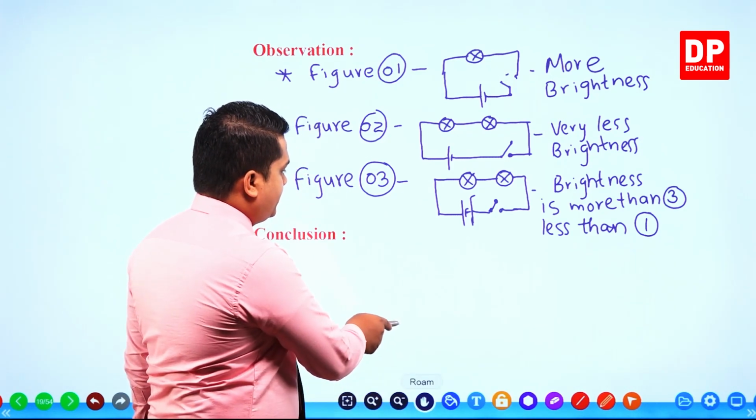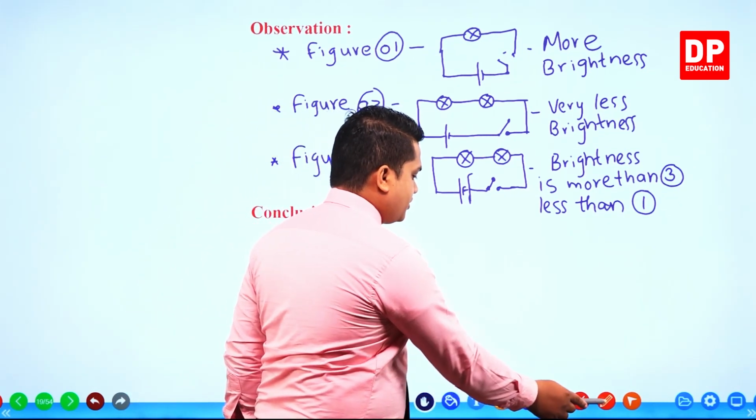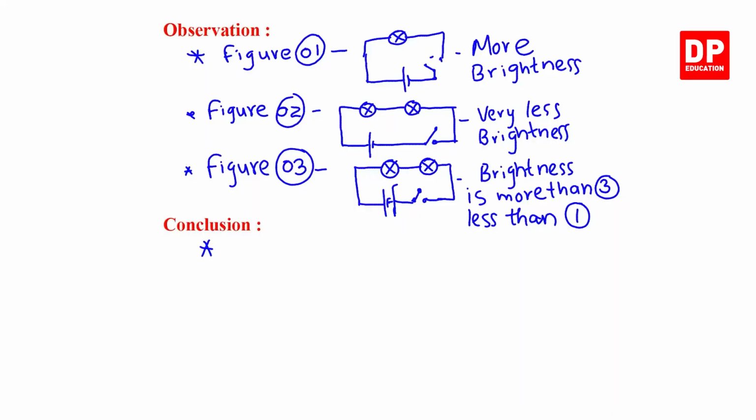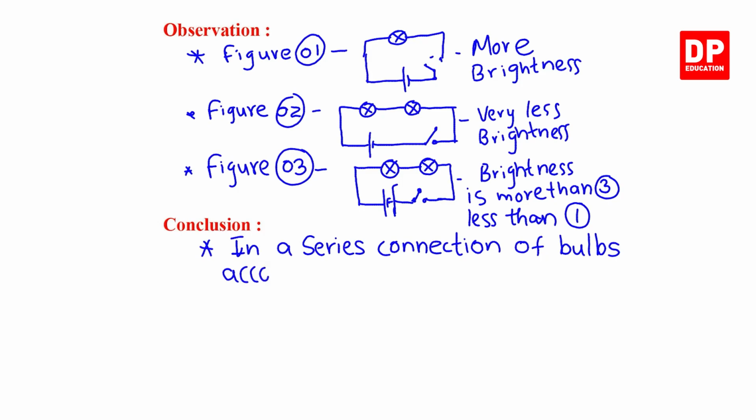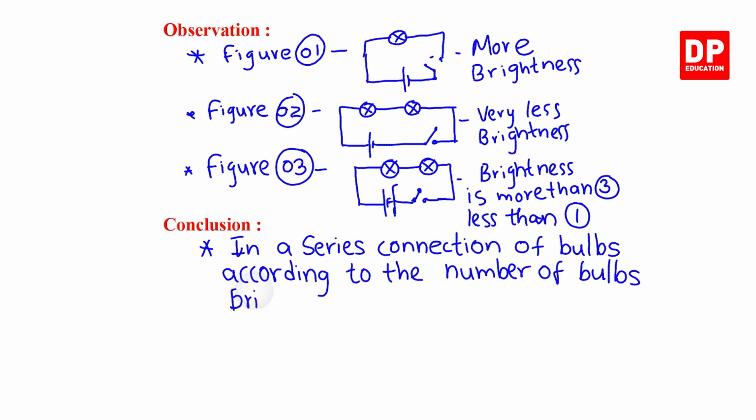So at the conclusion we can write, in a series connection of bulbs, according to the number of bulbs, brightness changes.